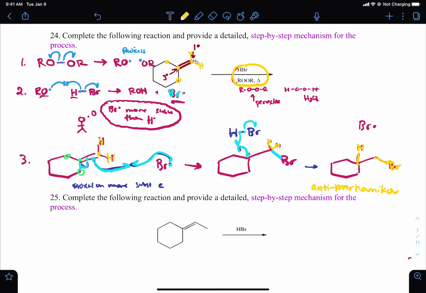And you just have to decide which carbon is the right carbon. If you know Markovnikov's rule, and you know whether the reaction obeys it or violates it, it's very easy. So you can get to this product if you know the pattern.